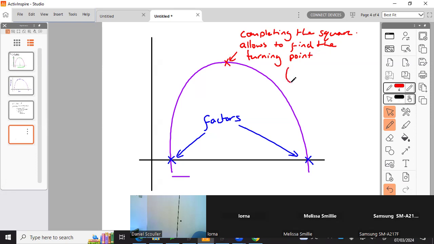Completing the square was when it was in the form of x plus a, plus b, when we changed a trinomial into a new form for x.